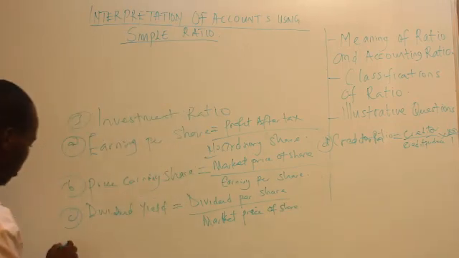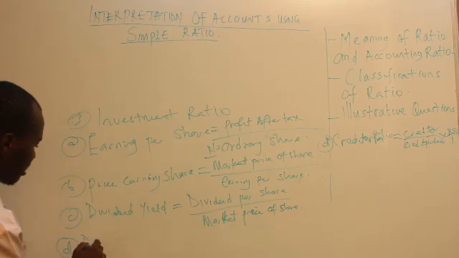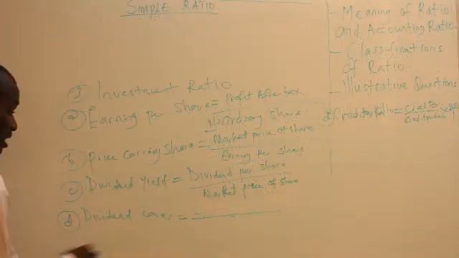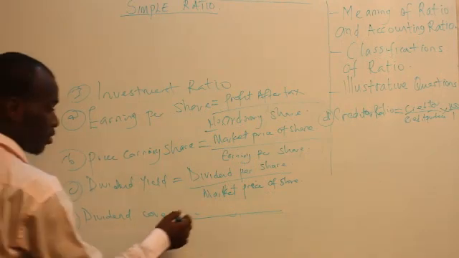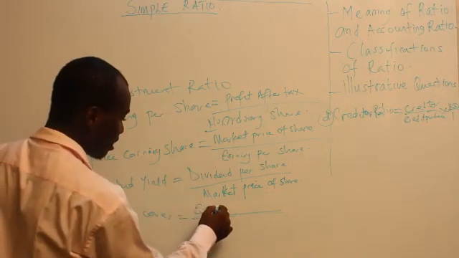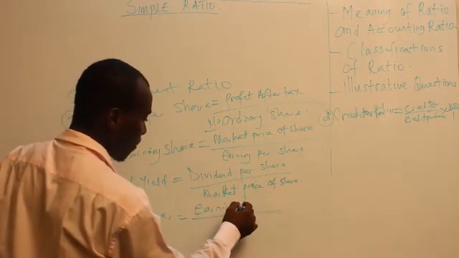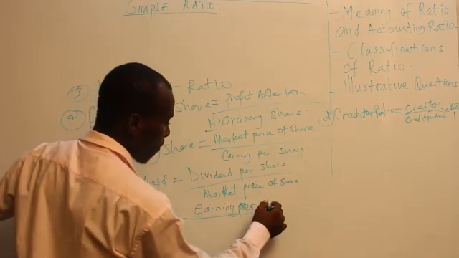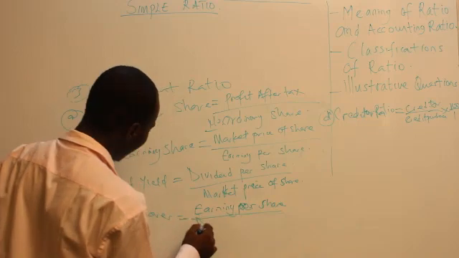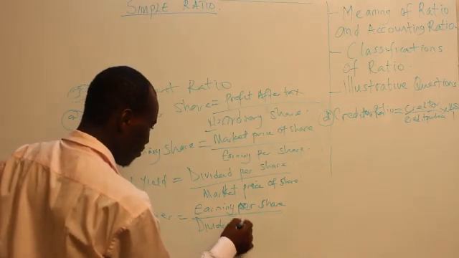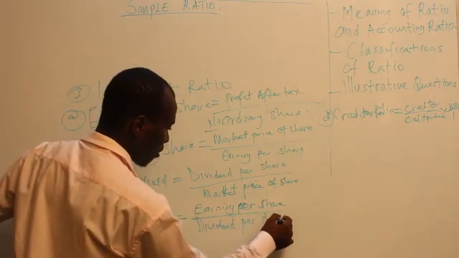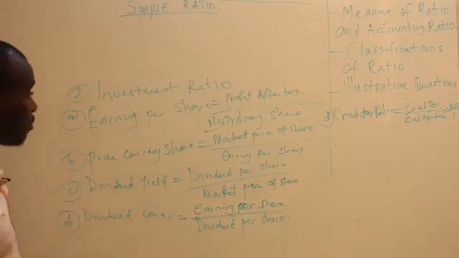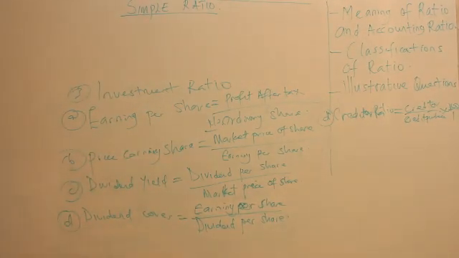The next one is the dividend cover, which is the earning per share over the dividend per share. That shows how much of the earnings of the organization the dividend can cover.